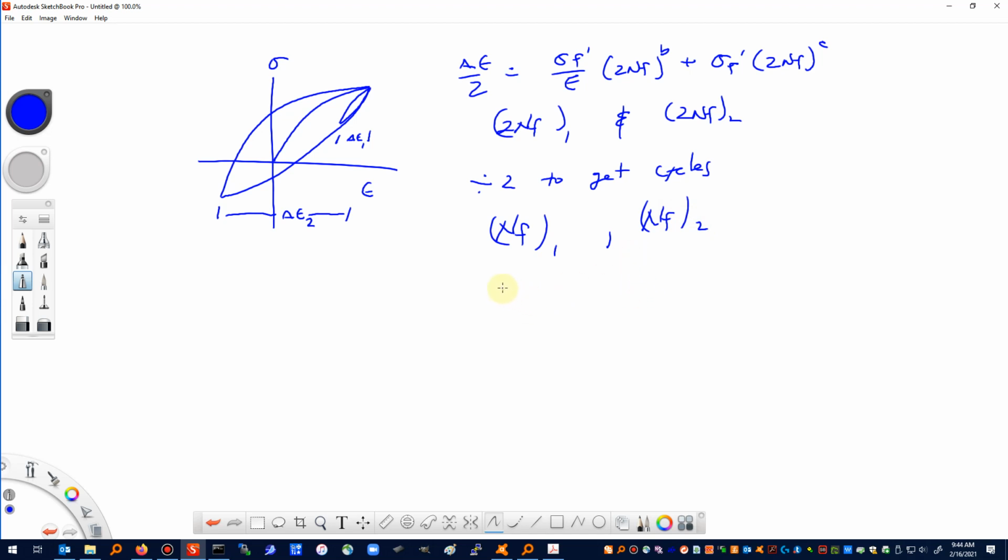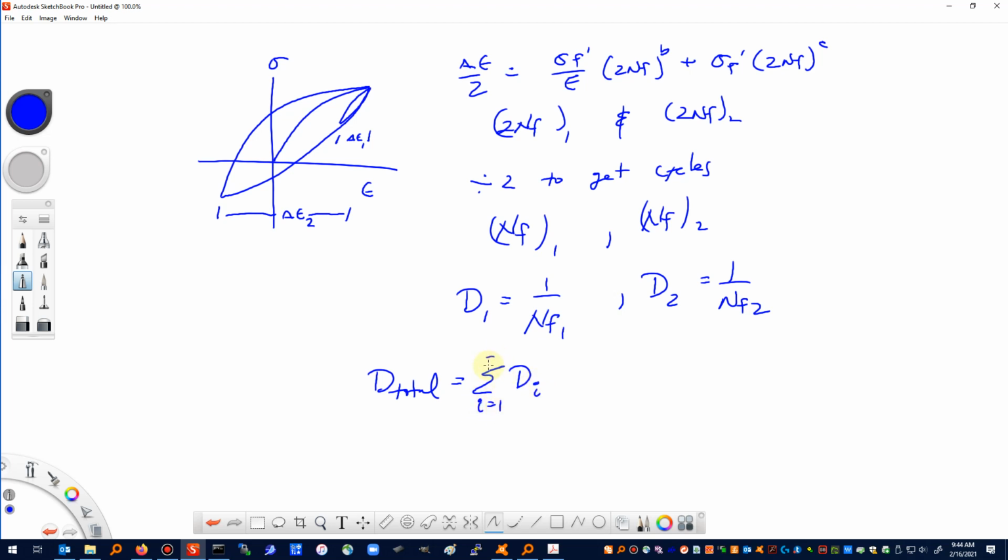Based on this, with Miner's rule, we know that we can calculate the damage for loop 1, and we can calculate the damage for loop 2 by the reciprocals of the cycles to failure, and then we can accumulate damage. Let's write it this way: D total is equal to the summation of each of these individual D_i's.